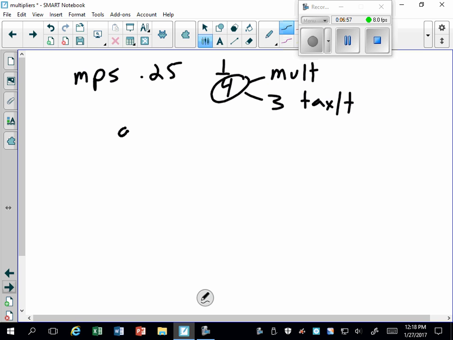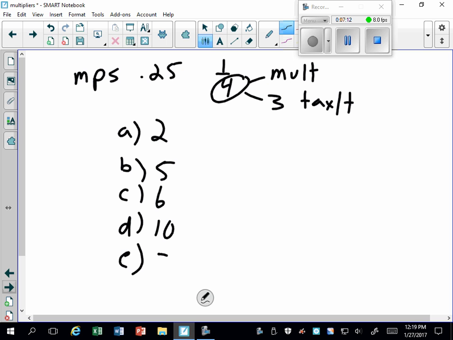So if you're looking at multiple choice questions, and the question is the MPS is 0.25, what's the tax multiplier? And you see these are your choices. If you see that even though you know the tax multiplier is supposed to be negative, they don't give you a negative choice, then just go with 3, okay? Because the absolute value is correct for the tax multiplier.